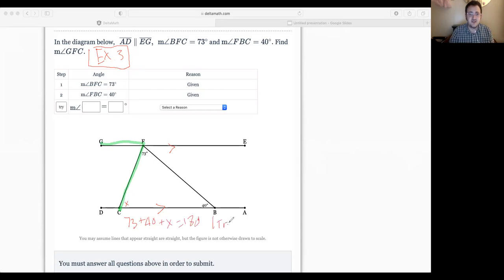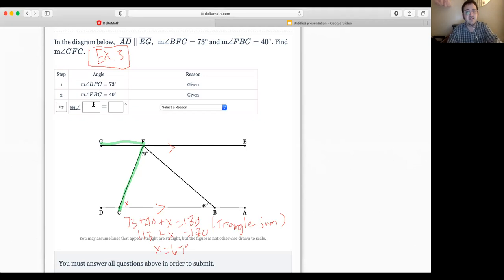So this is the triangle sum theorem. And let's see, 73 plus 40 is 113 plus x equals 180. And we will get 67 degrees as a result. And the name of that angle is FCB. So I have FCB equals 67.